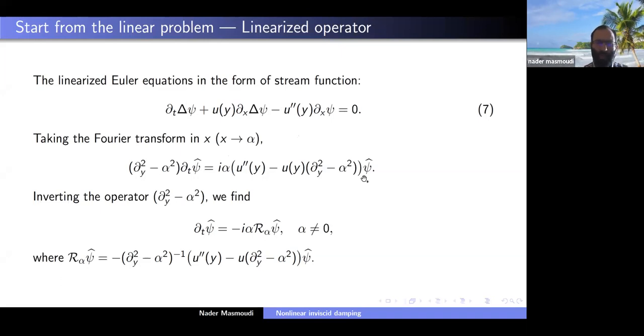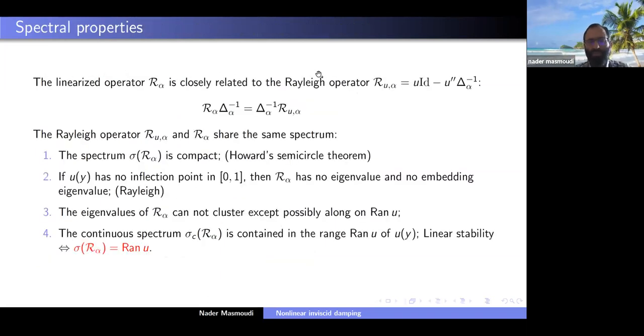And then if you invert, you apply Laplacian minus 1, you can write down an equation on the stream function. This is the stream function equation. R alpha is just the Rayleigh operator. Usually the Rayleigh operator is written on the vorticity, but instead we write it on the stream function.